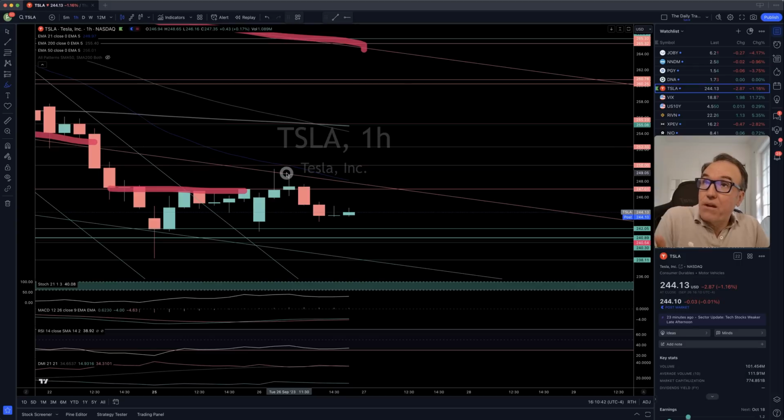I told you, be careful if you have a break of 247 on the 1 hour chart. If you want to trade a little bit, then we could be rejected by that downward resistance. But guess what? This is exactly what happened. We got rejected at the same time as we closed above 247. And then from that point on, we are basically back to where we started at the beginning of the day.